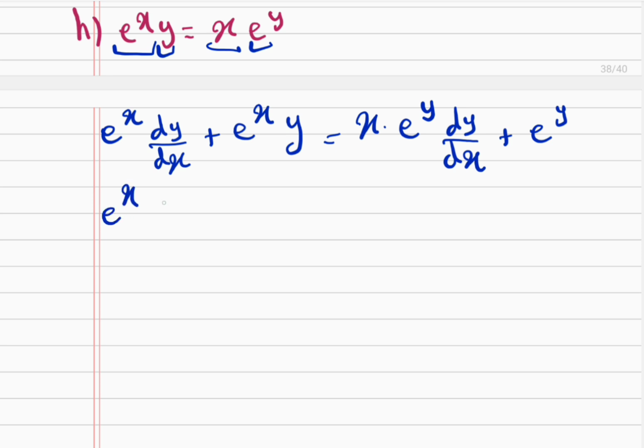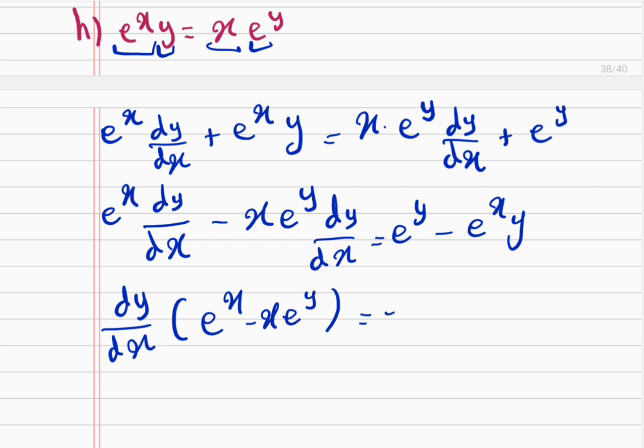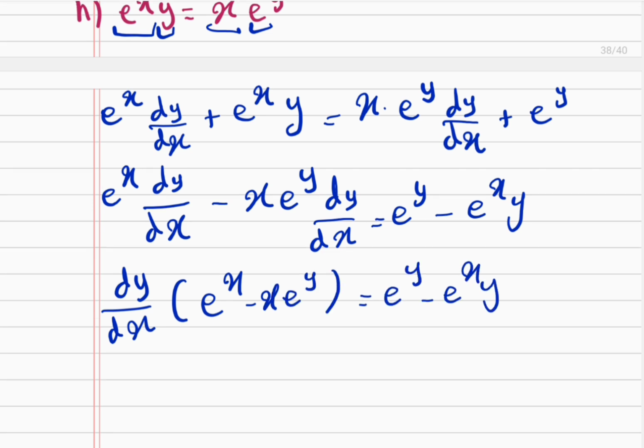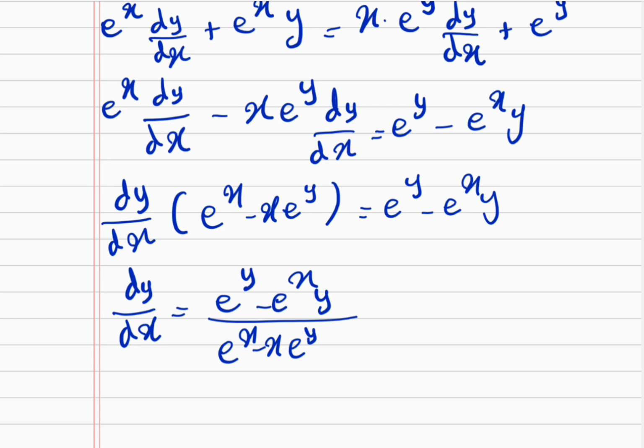So e to the x dy/dx minus x e to the y dy/dx is equal to e to the y minus e to the x y, and taking a factor of dy/dx gives e to the x minus x e to the y is equal to e to the y minus e to the x y, and dy/dx is equal to e to the y minus e to the x y divided by e to the x minus x e to the y. And so this is the rearranged answer.